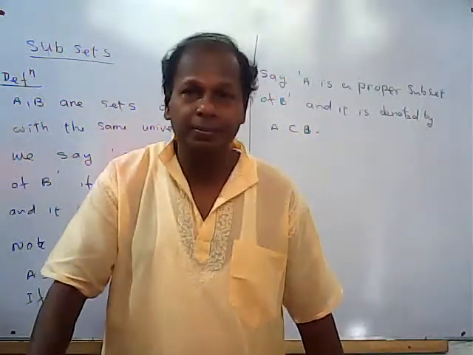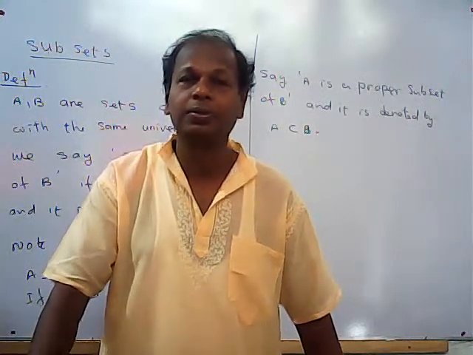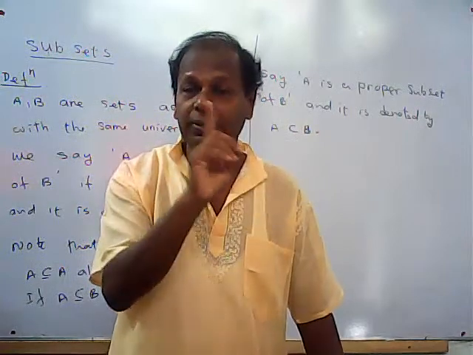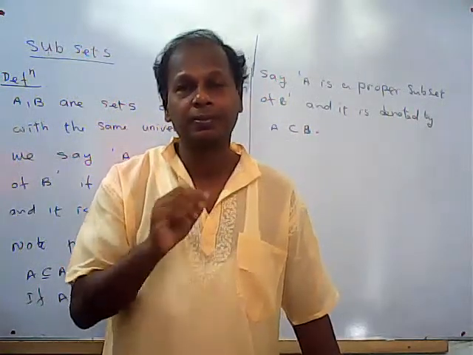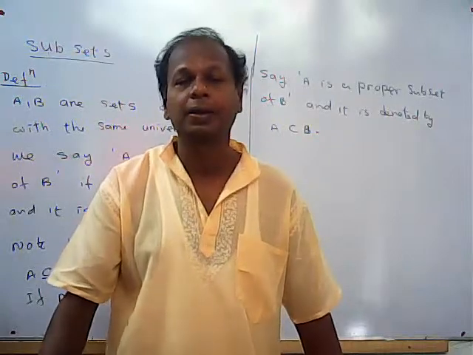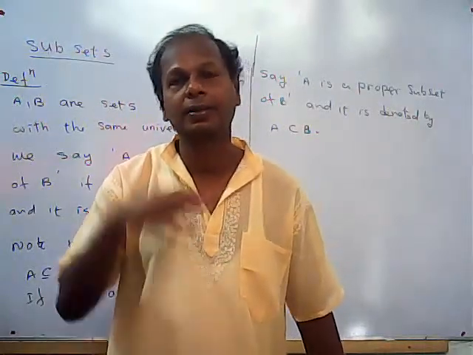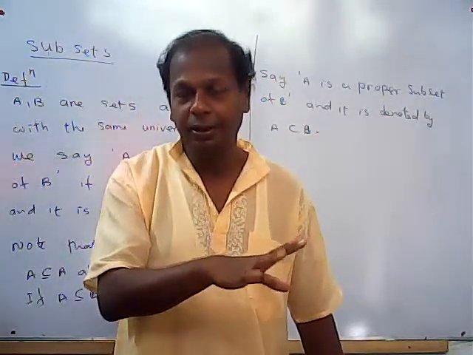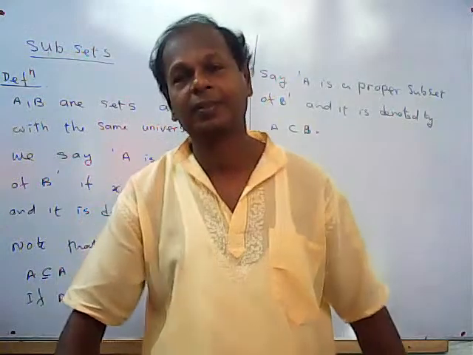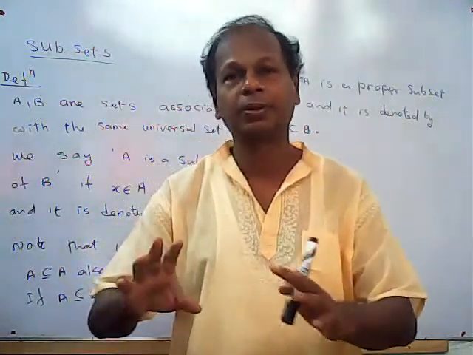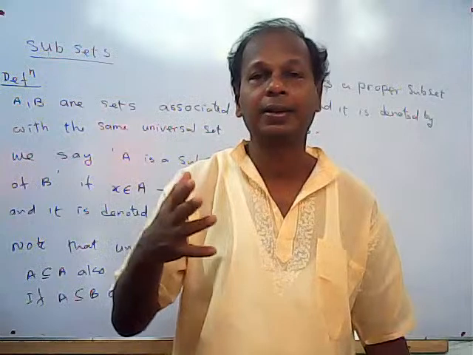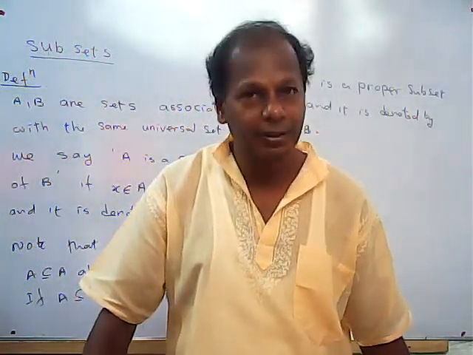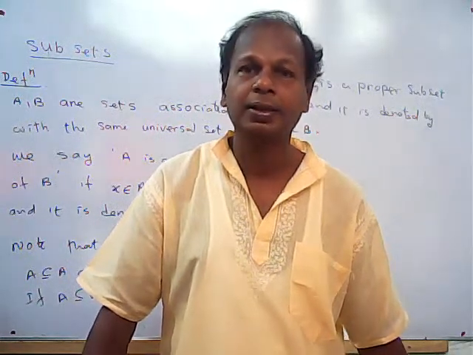That subset is the same, A, right? Can't you suggest another such subset, which is a subset of any set? Given any set, this is a subset of that. There is another, which is the null set.